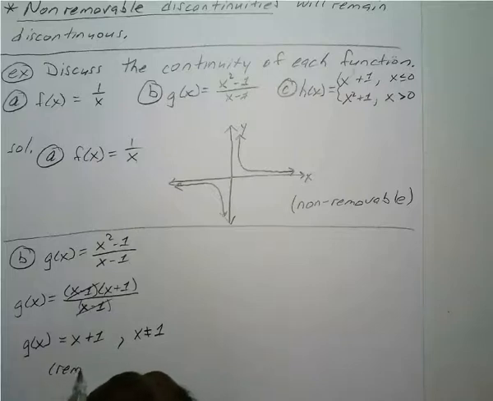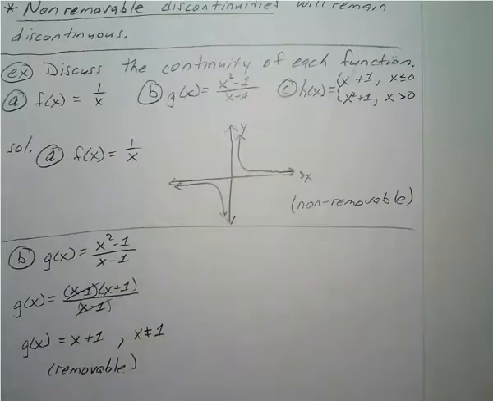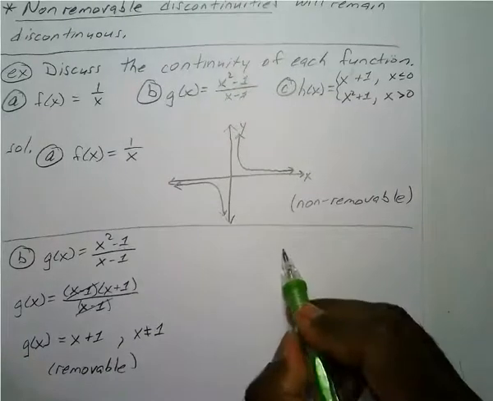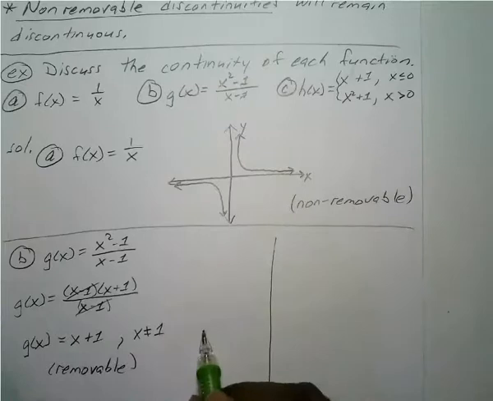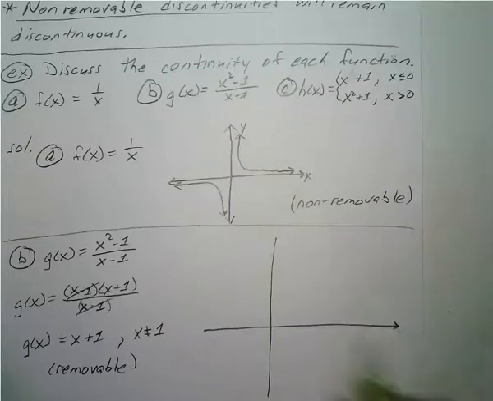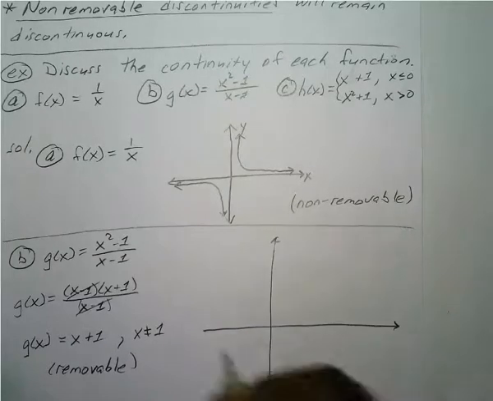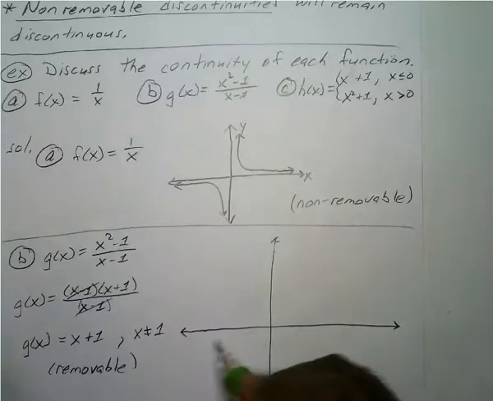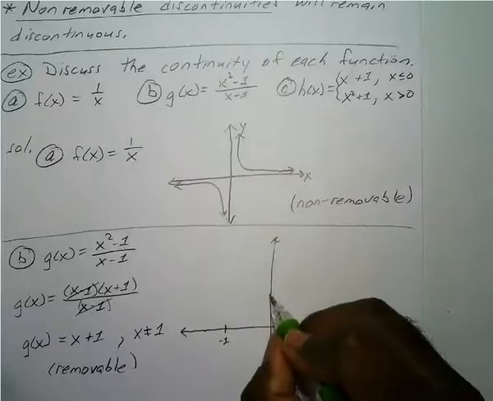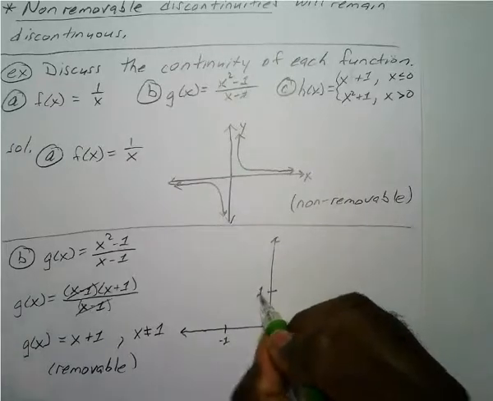So this is a removable discontinuity. And let's look at that graph. So we have a graph here, and so we have a negative 1 and 1.